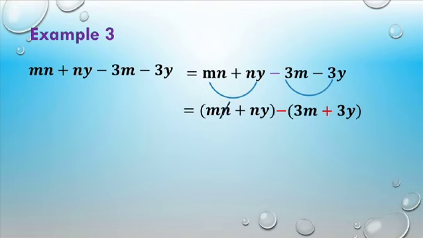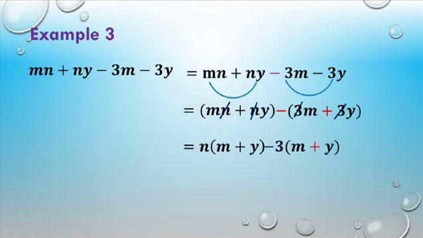So for the first pair of brackets, n is common. So I have n into m plus y. Minus, for the second pair of brackets, 3 is common. So I have 3 into m plus y. And you can see that m plus y is common to both terms.